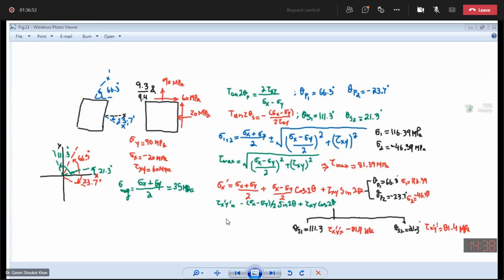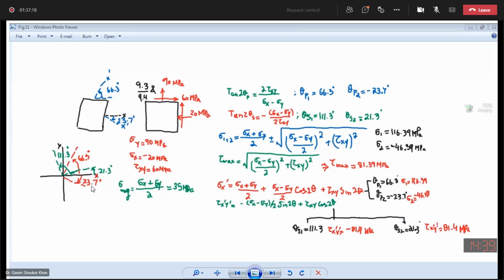Then putting the values of theta s1 and theta s2 in equation number 3, which we derived earlier, I got this value of minus 81.4 megapascals, and with theta s2 21.3, I got the value of 81.4 megapascals. Average normal stress we got as sigma x plus sigma y over 2, that is 35 megapascals.